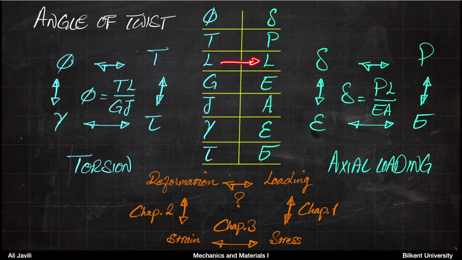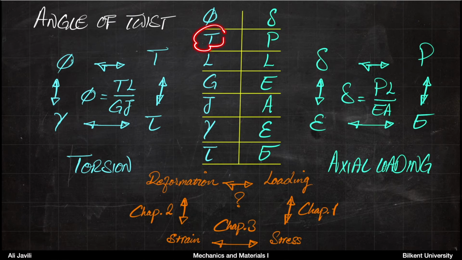Now L is the same, length is the length of the member, but the corresponding quantity to area would be J. So for axial loading, we divide by A, and here you divide by J. So J in a torsion problem plays the same role as A in an axial loading problem.